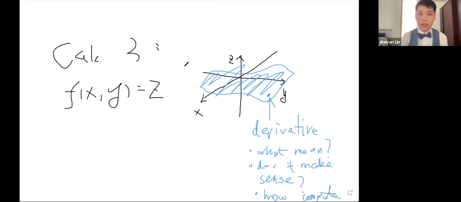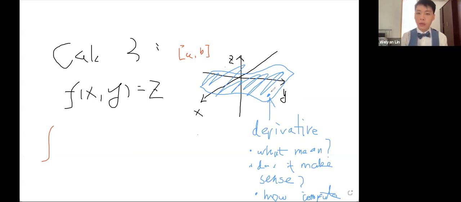And how about integration, right? Right, integration. And for Calculus 1, we talk about integration on a particular interval, that is the integral from a to b, right? And now we would be talking about integrals over a bounded region here, right?